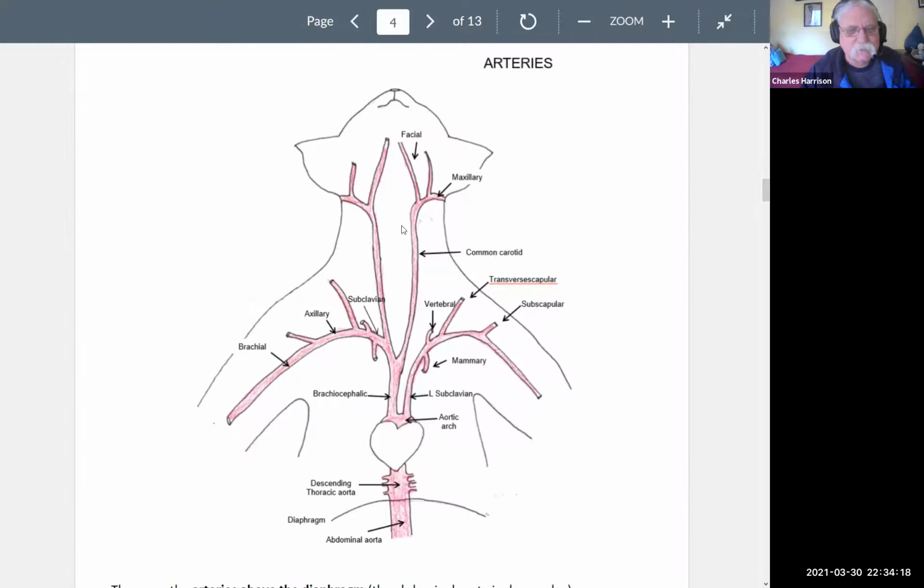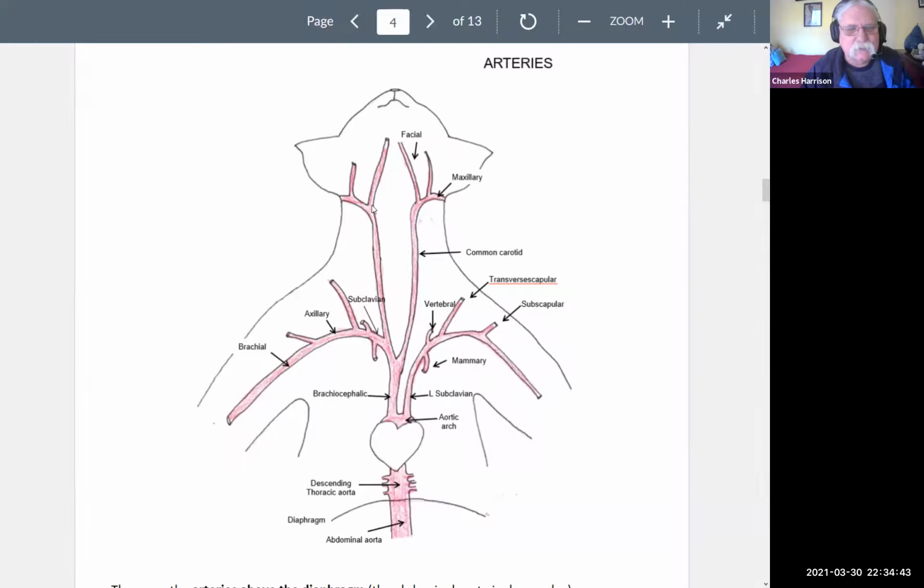Common carotid. The common carotid goes laterally behind the ear, with the maxillary. This is the facial. This is actually the lingual, but we're not going to do the lingual artery. We'll do the facial.